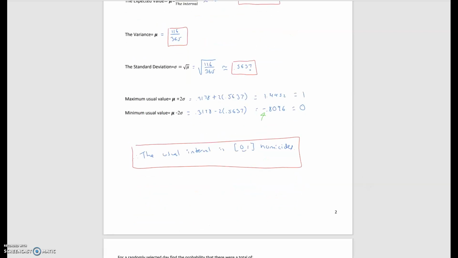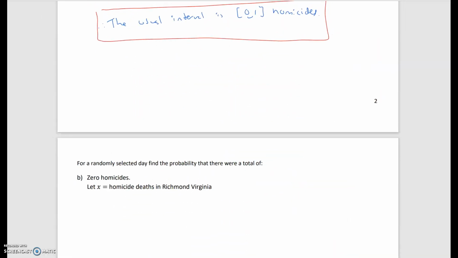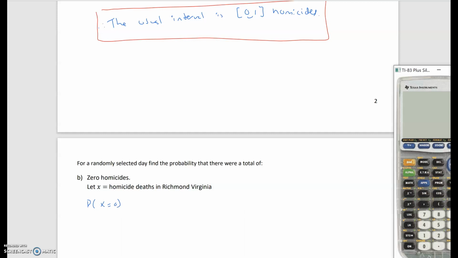Okay, let's move on to the evaluations. The first evaluation they're asking us to do is to find the probability that there's a total of 0 homicides. So evaluating this one, it's just going to be the probability of x equal to 0. Let me show you the calculator.